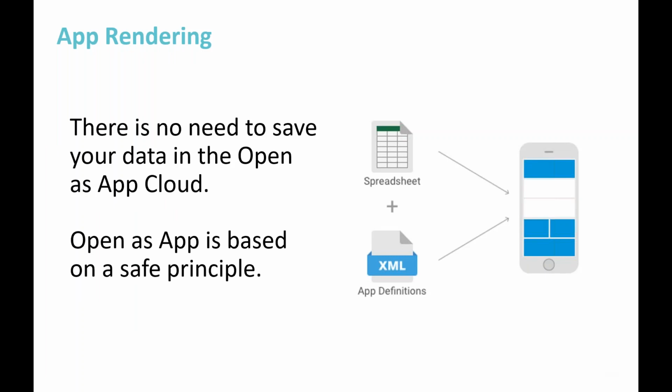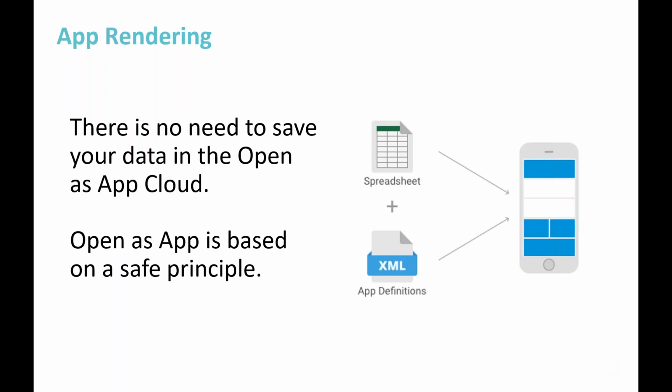The app definitions file contains only descriptive data of the app, like the name of the app, some descriptions, the icon, etc., and provides the mobile device with instructions on how to visualize the data and how to interact with the spreadsheet. The app definition itself does not contain any sensitive data. It merely describes the user interface and contains references to segments of the spreadsheet.